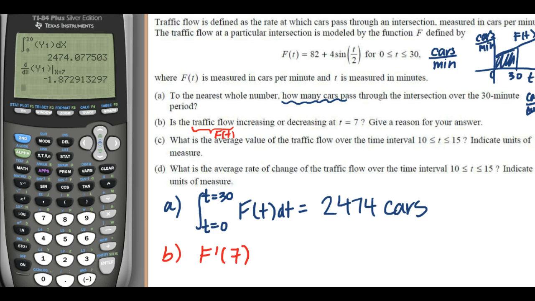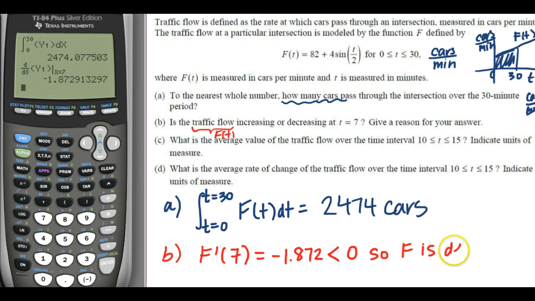If the derivative is negative at a particular value, the original function is decreasing. So we can say f prime of 7 equals negative 1.782, which is less than 0. So there is my reason. So f is decreasing.